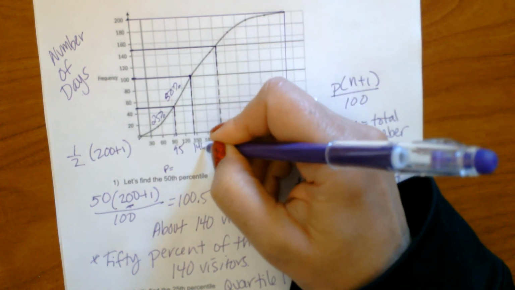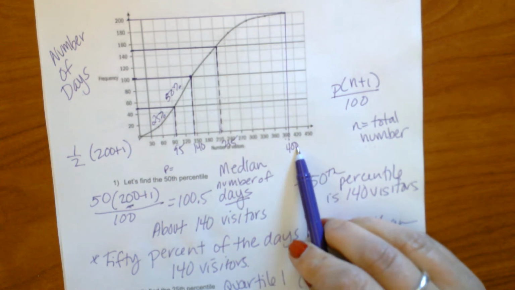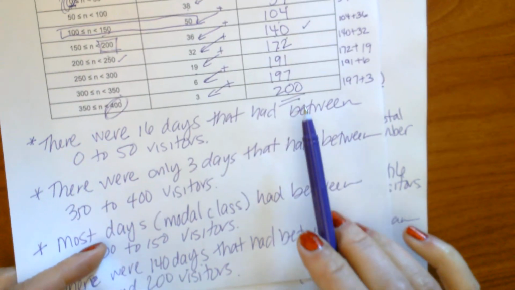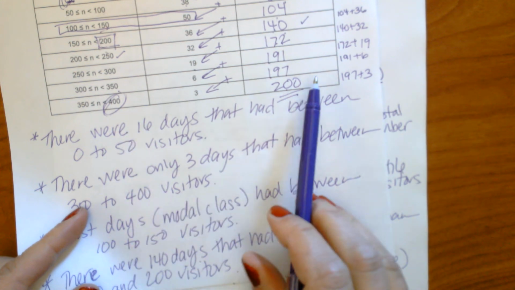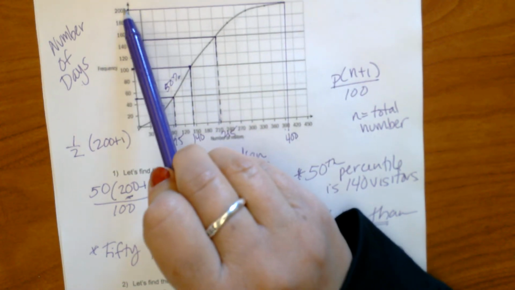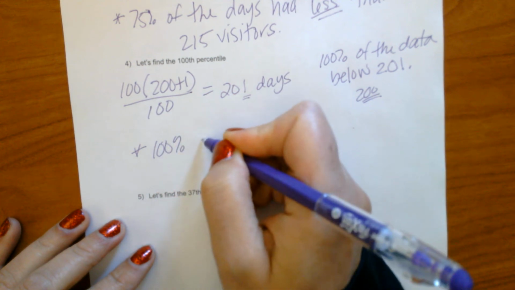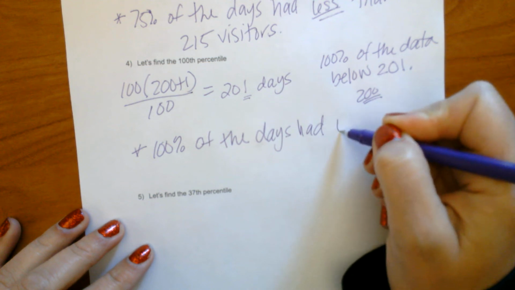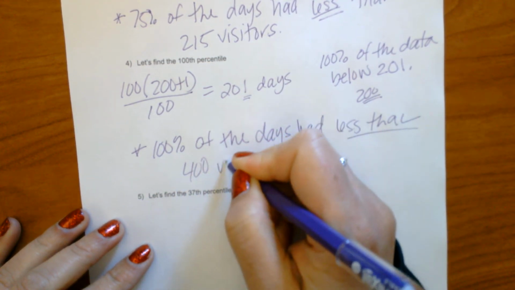We called this 140 and we called this 215 just to write the numbers in there for you. So 400. This makes complete sense because at 200, we found it was less than 400 visitors. This is all matching up. So let's write our sentence. 100% of the days had less than 400 visitors.